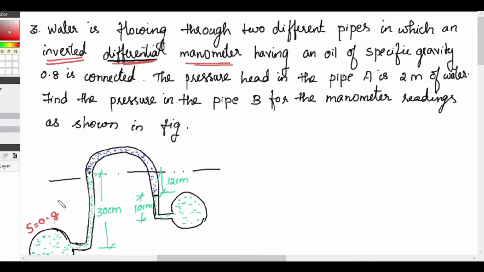So what is given actually? Water is flowing through two different pipes in which an inverted differential manometer has oil. So the pipe has water.